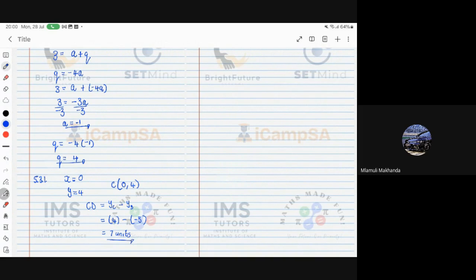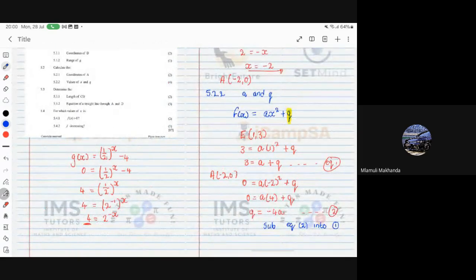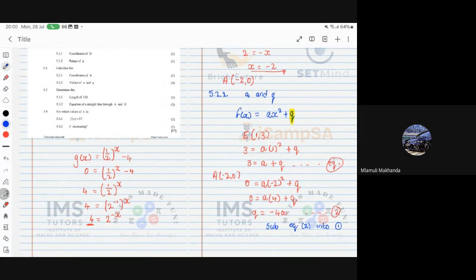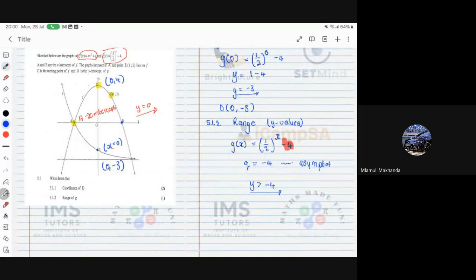7 units. And then what we are asked to find here is the equation of the straight line through A and D. Where are our A and D? Equation of the straight line through A and D. So we are given 2 coordinates.